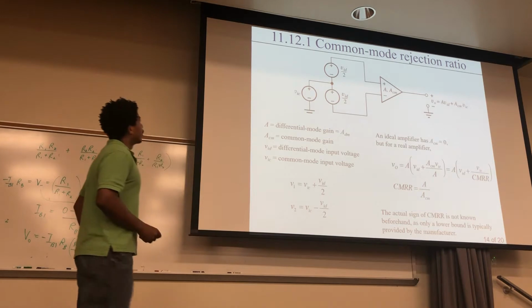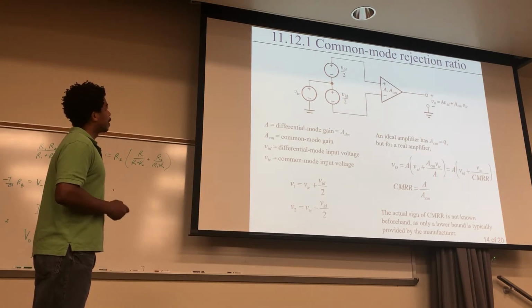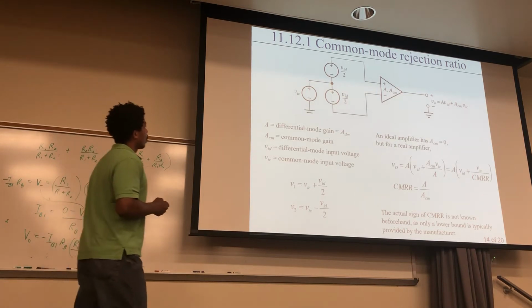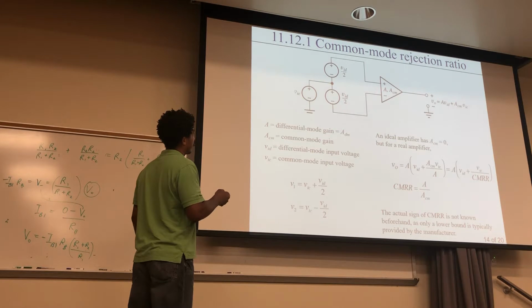Okay, so now one way to think about this is like this right here, where you have this VIC being modeled as a voltage coming in here. And so what you have here is a part that goes up, this VID over 2. This part right here goes down by VID over 2.